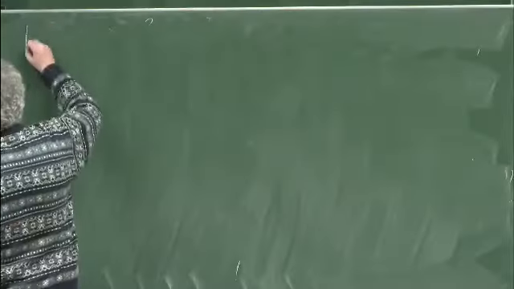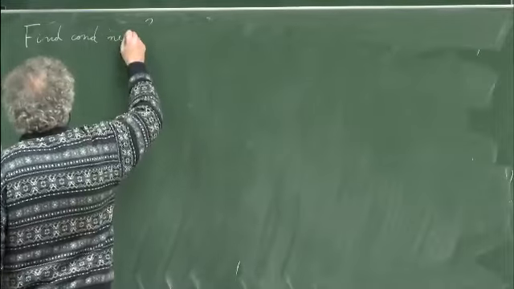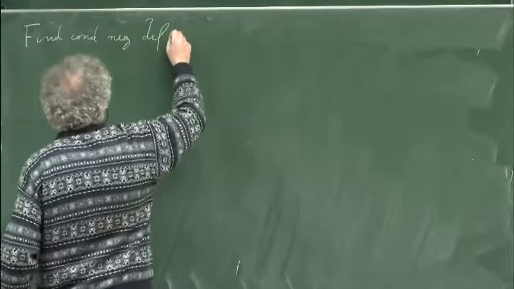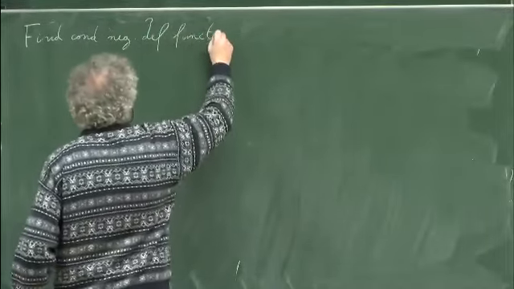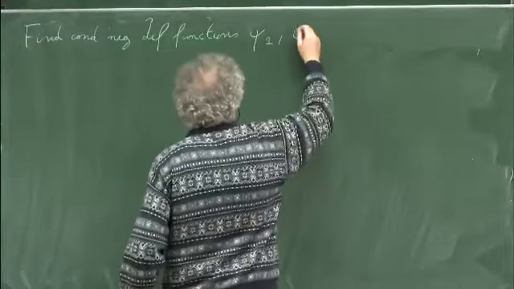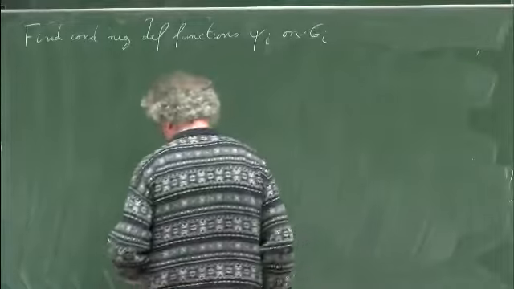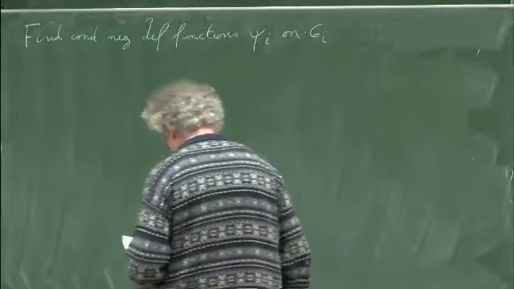And this allows us to find conditionally negative definite functions psi sub i on G sub i, so psi 1 on G1, psi 2 on G2.